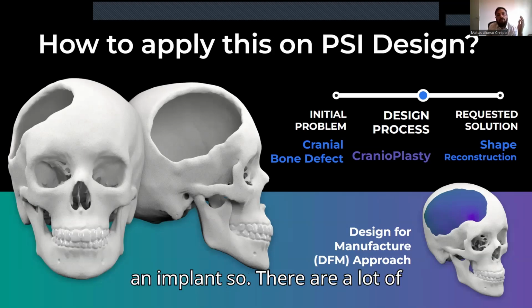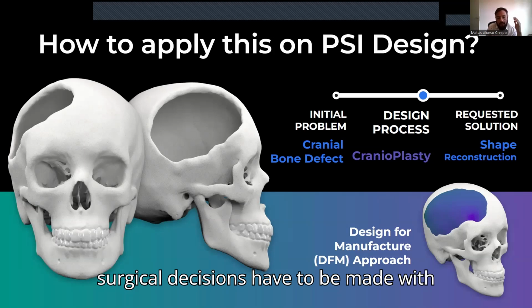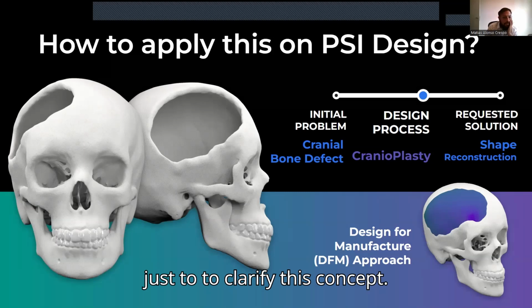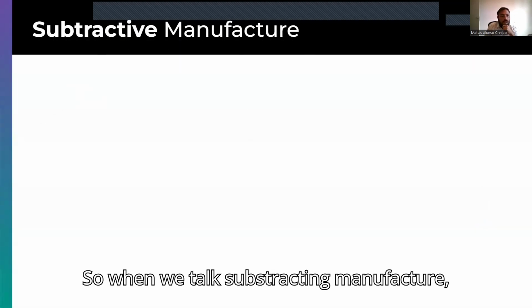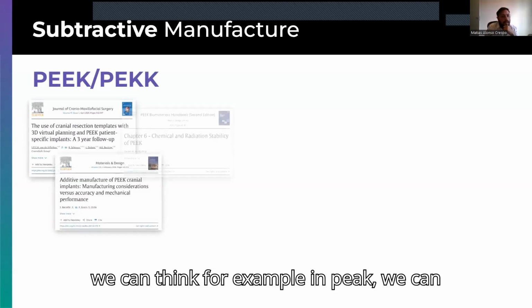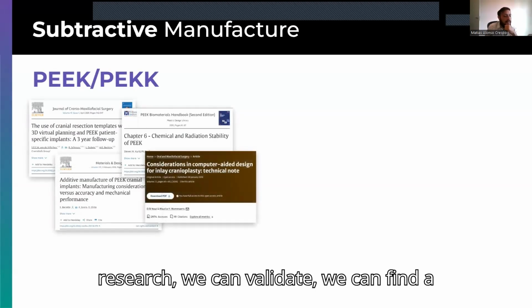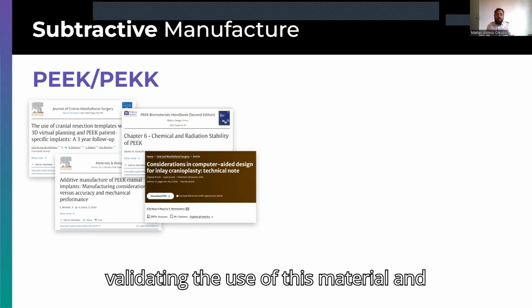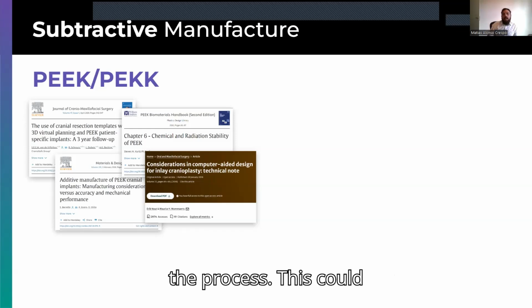There are a lot of surgical decisions that have to be made with the responsible surgeon. So just to clarify this concept: when we talk about subtractive manufacture, we can think, for example, of PEEK. We can research and validate it, and we can find a lot of articles validating the use of this material and process.